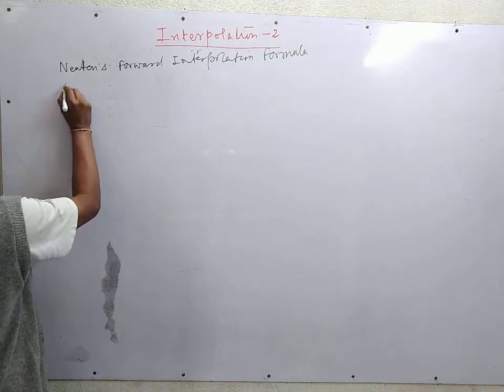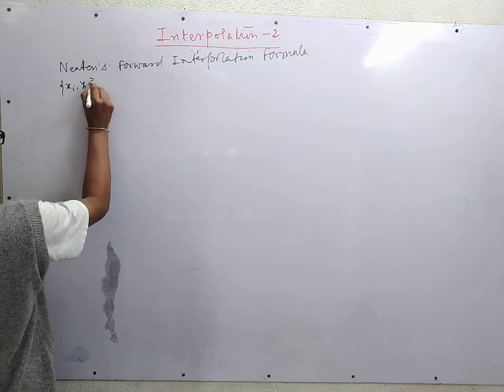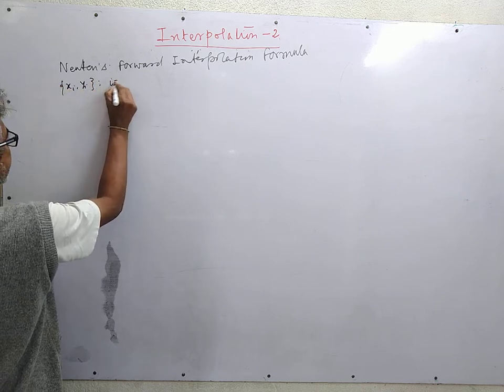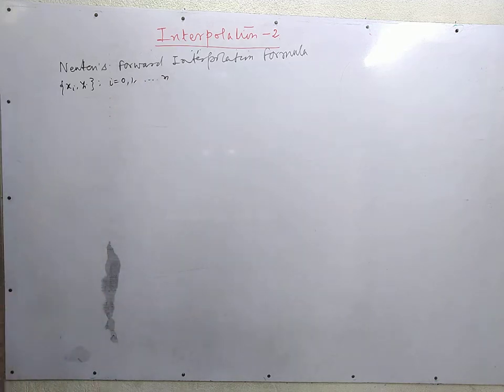We are provided with a set of x_i, y_i data with i ranging from 0, 1 right up to n. So there are n plus 1 data.